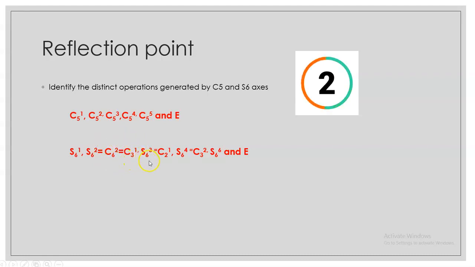And similarly, S63 is generating C21, and S64 is generating C32, and S66 is equal to E. So this S6 symmetry element is able to generate again 6 different operations: 1, 2, 3, 4, 5 and 6. So it is able to generate S6, S6-5 and E. Here one small mistake is done. Here this should be 5. S6-5 and E are the symmetry elements.